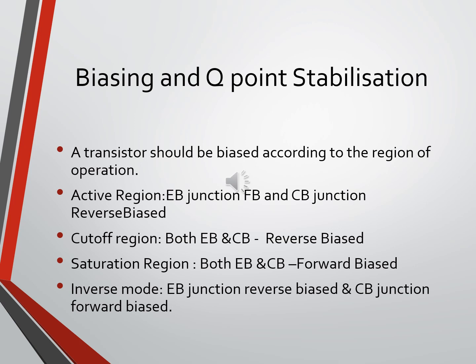In the cutoff region, both the emitter base junction and the collector base junction are reverse biased. In the saturation region, both the emitter base and the collector base are forward biased. And the inverse mode is just the opposite of the active region. That is, the emitter base junction is reverse biased and the collector base junction is forward biased.